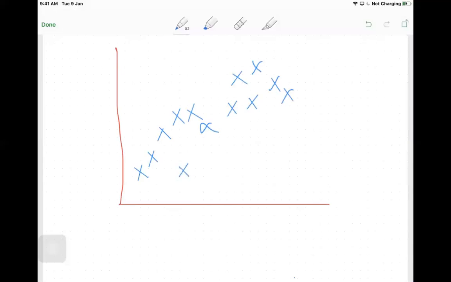Let's say my x-axis is square feet and y-axis is cost of the house. So we are doing it for houses right now.